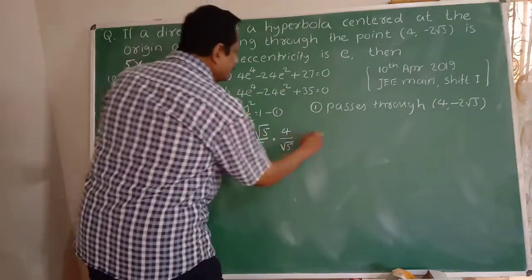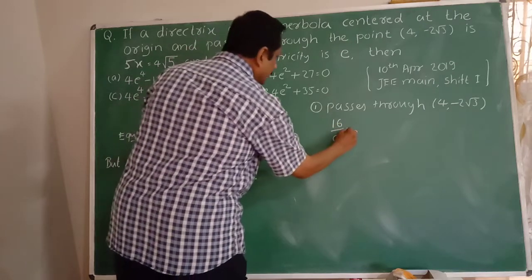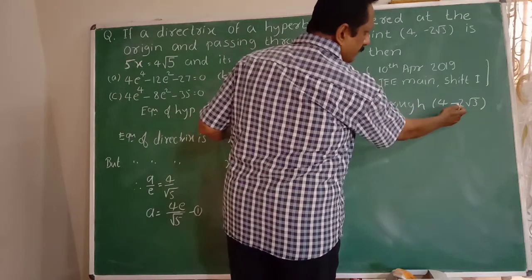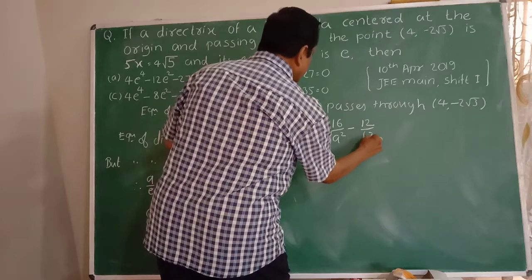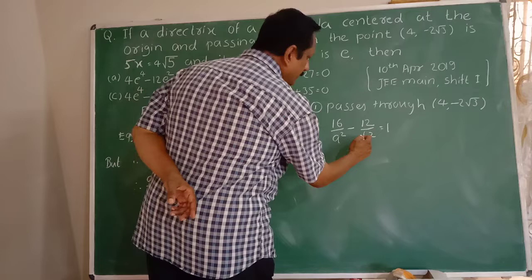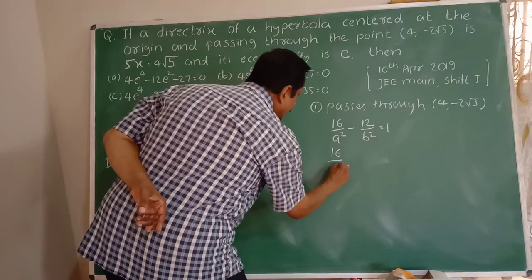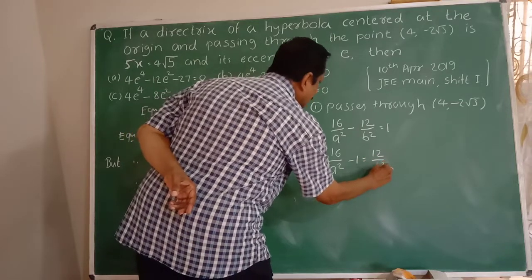So 4 squared becomes 16. 16 divided by a² minus y², y squared means 12, since 4 threes are 12. So 12 divided by b², that is equal to 1 here. Now take 1 this side, 12 upon b² that side here. So 16 divided by a² minus 1 is equal to 12 divided by b² here.